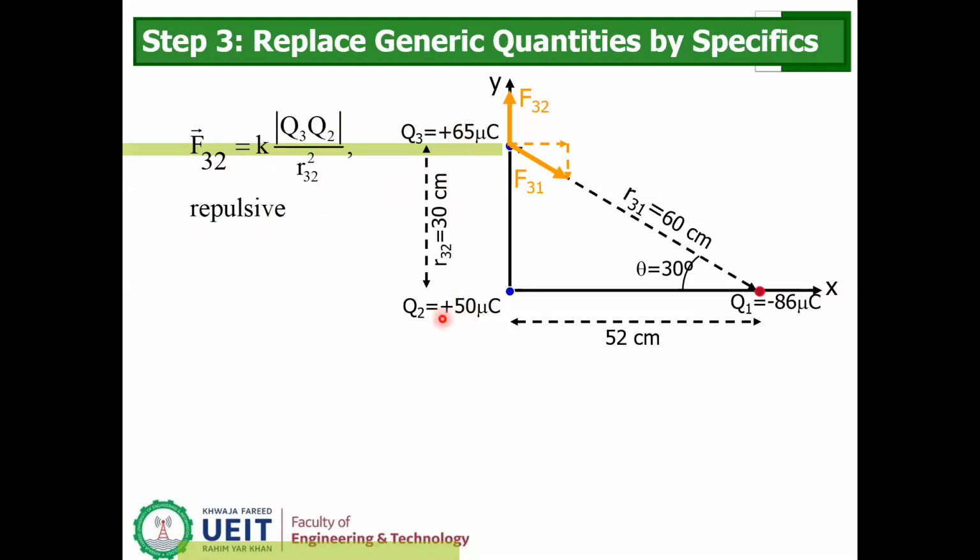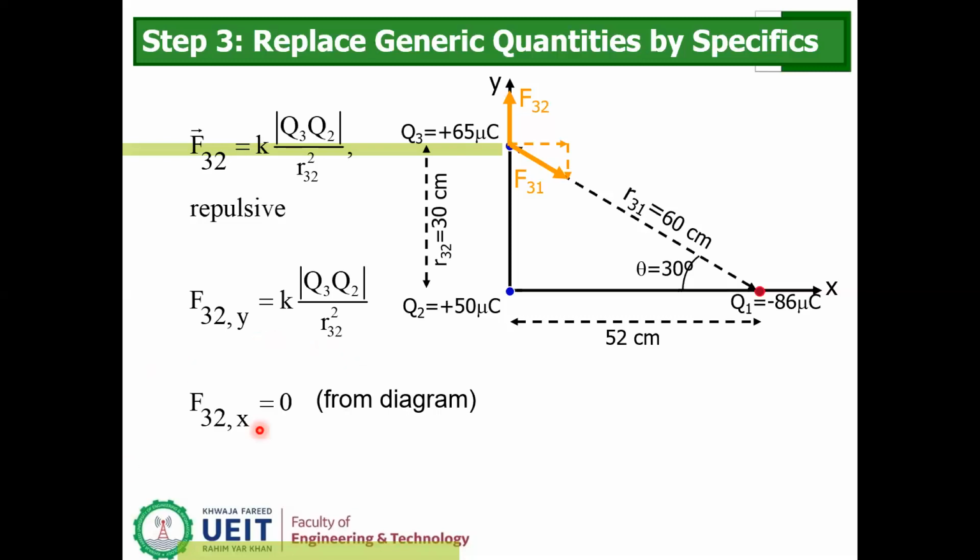If the same charges are acting in this equation, the force will be repulsive. And if this is a positive charge and this is a negative charge, the force will be attractive. So the force F32 will be equal to K Q3 Q2 magnitude divided by R32 squared. So this force will be attractive.